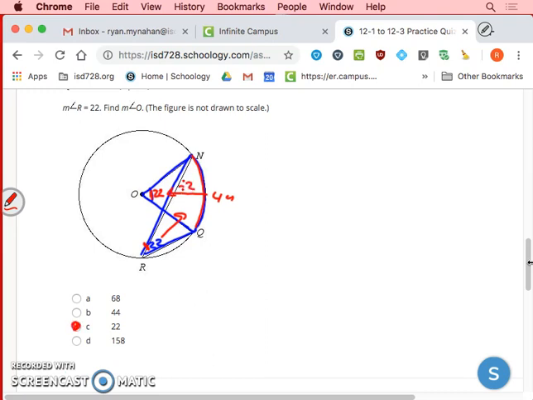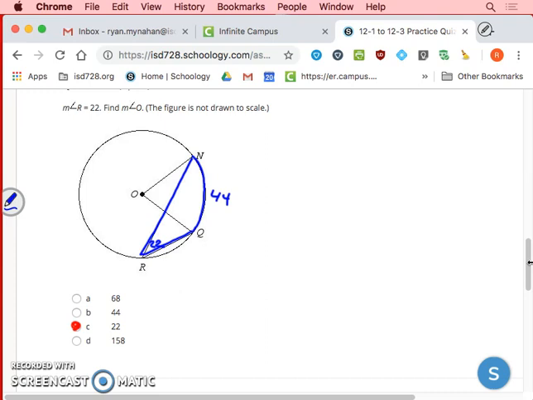So the answer for 11, oh, I have to back up just a little bit. Like I said, small mistake here, all right? Common mistake. I'm glad I caught it. So I have 22, which means this is 44, like I said.